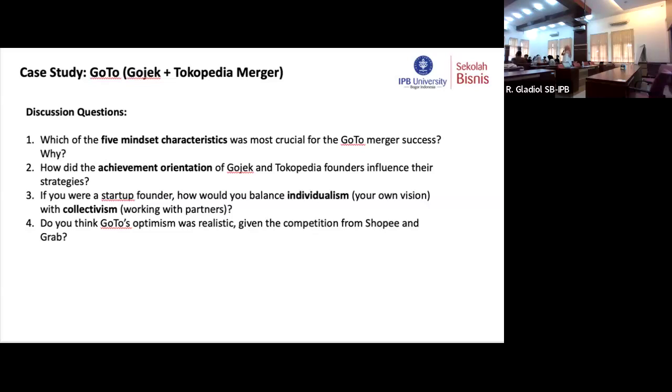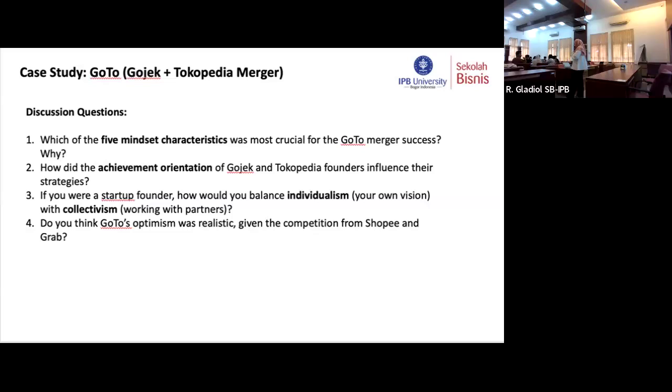Number two. And then after you answer, please give the microphone to the other group. Okay. So the number two question is, how did the achievement orientation of Gojek and Tokopedia founders influence their strategies? First of all, we need to know the ambitious goals of both. For Gojek, they want to be more than just a motorcycle platform. For Tokopedia, they want to expand their ecosystem.